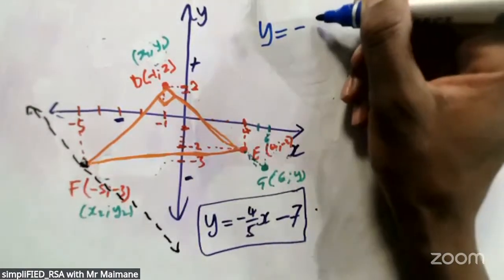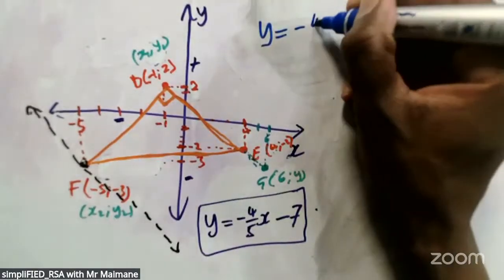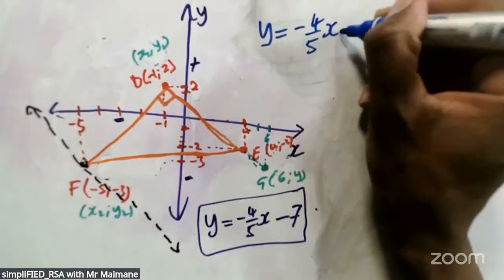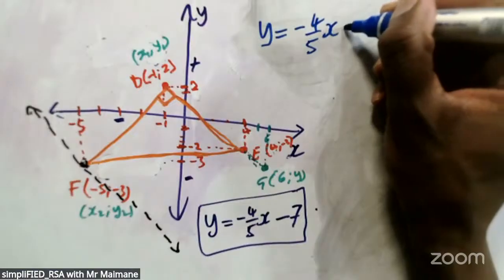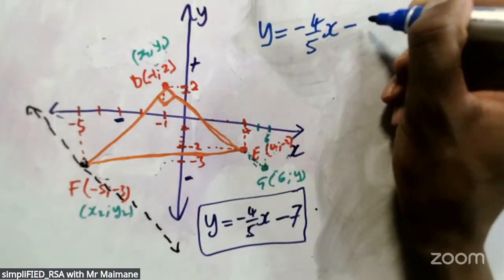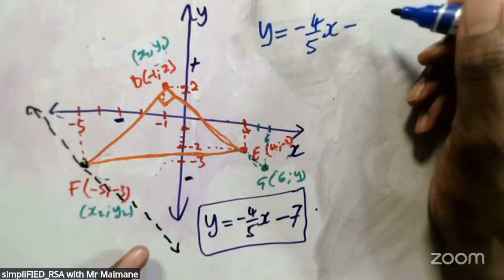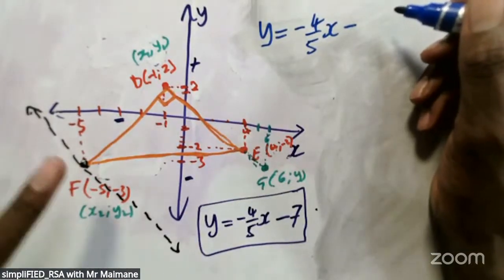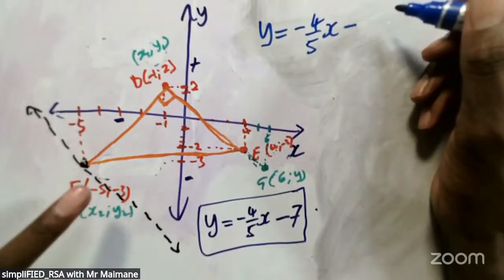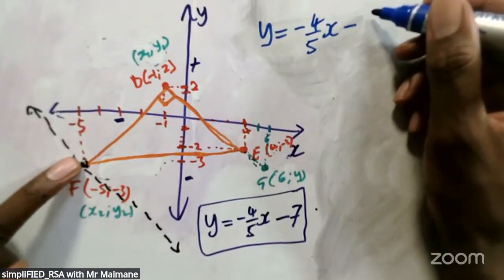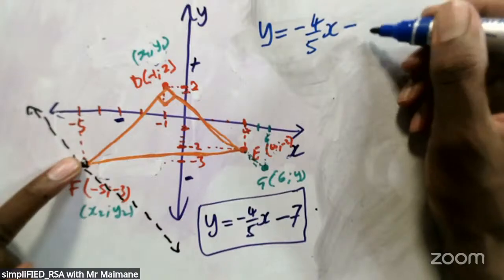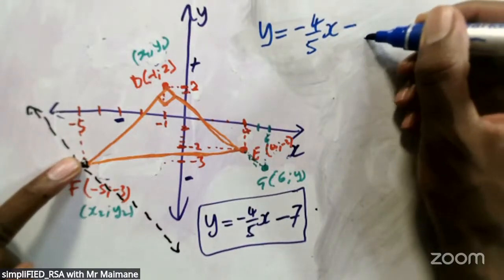I'll go back to the question now. 4 over 5x, I think it was minus 7. Minus 7 is for this other equation. It was for this one, the one passing through point D. This one also had over 5. The value of c also had over 5.